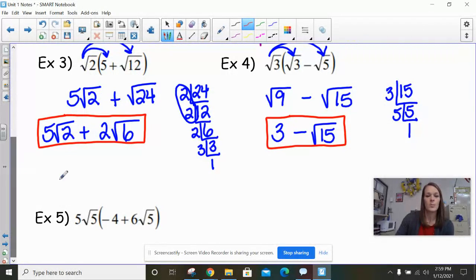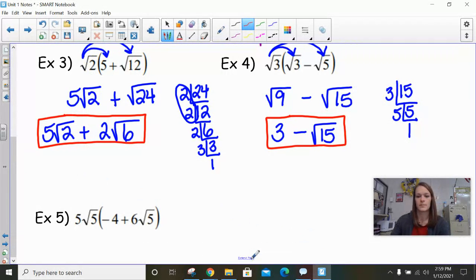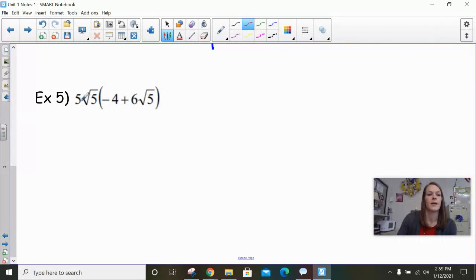Okay, and then one more example. All right, so distribute again. So I'm going to distribute here and I'm going to distribute here. Be careful what you multiply together. This 5 square root 5 times negative 4 will multiply with the 5 on the outside because it does not have a radical.